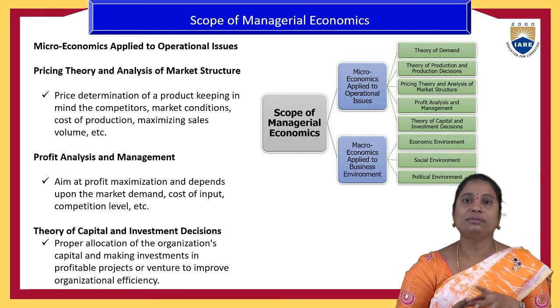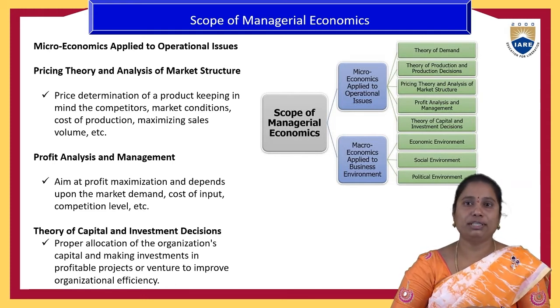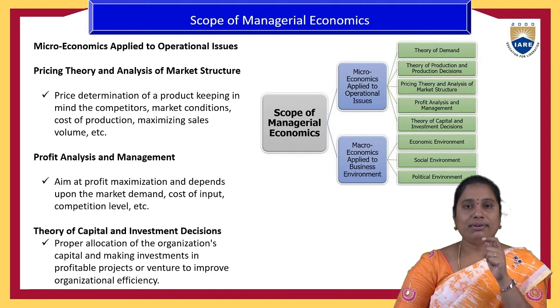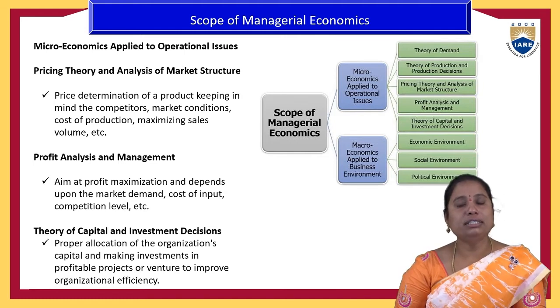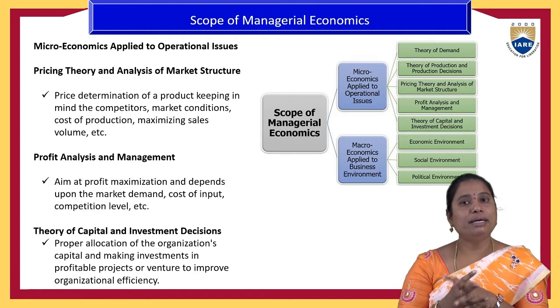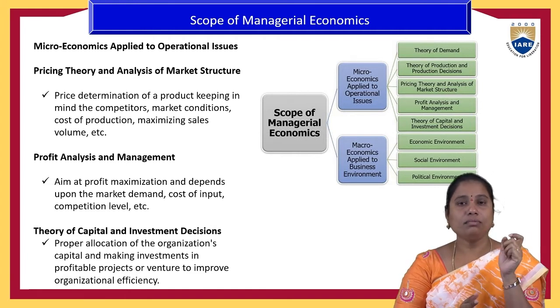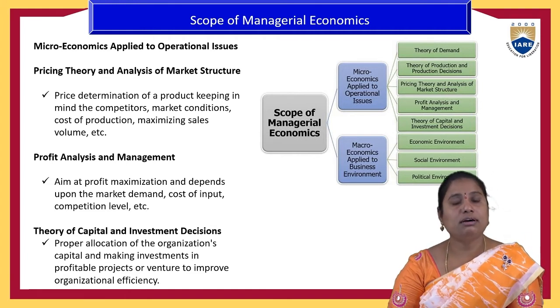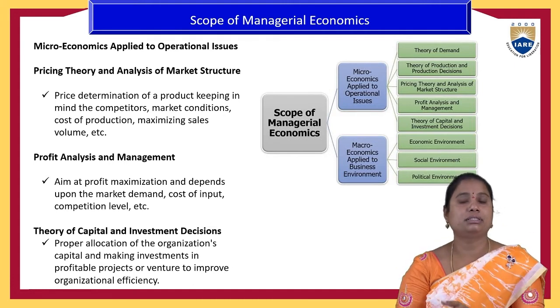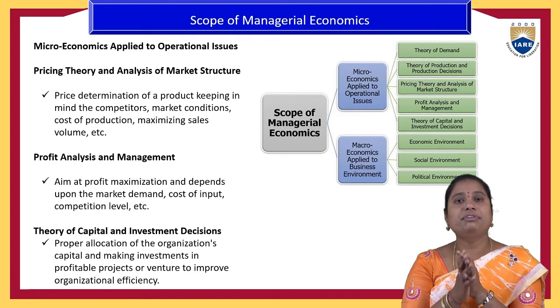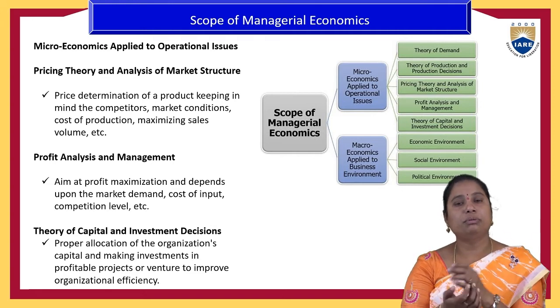Not only that, they need to take care of capital and investment decisions, that is the proper allocation of funds which they have gained from the equity shareholders as well as from the debt holders. They have taken some loans and accumulated the funds from all the investors.